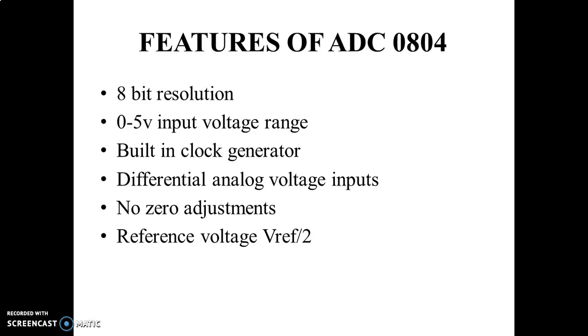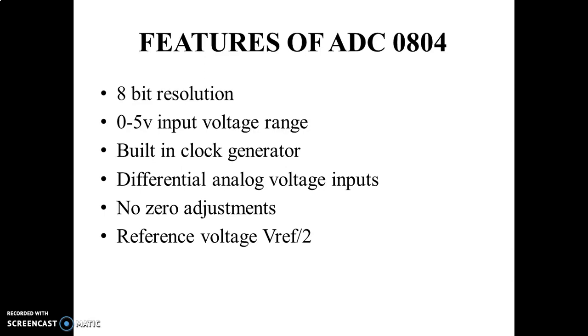First is the 8-bit resolution, then 0 to 5 volt input voltage range, then built-in clock generator, differential analog voltage inputs, no zero adjustment, reference voltage. Resolution: the resolution of an ADC shows how accurately it will sample or convert the analog signals into digital values, that is zeros and ones.